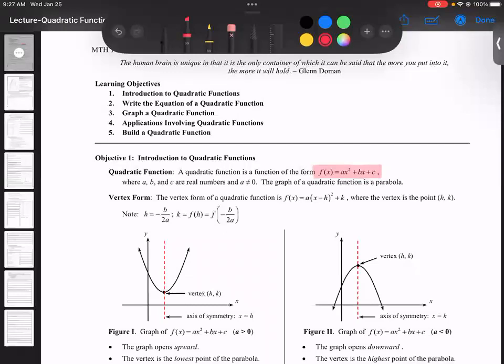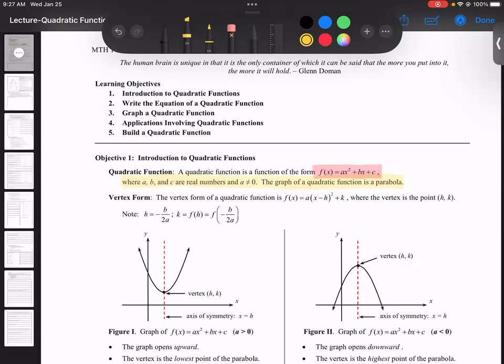A cannot be 0. If a is 0, it's not going to be quadratic anymore, is it? The graph of a quadratic function is a parabola.